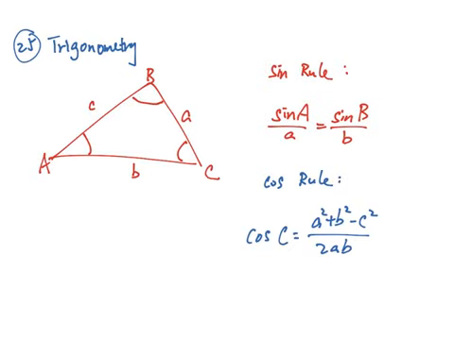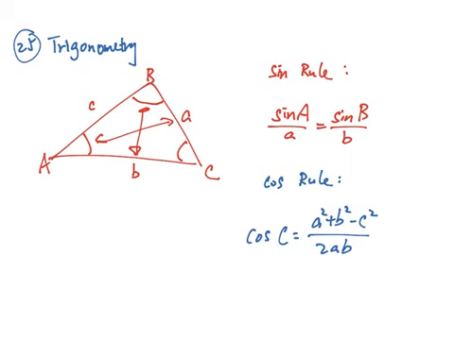Next is about the sine rule and cosine rule. For the sine rule and cosine rule, there's no need to have a right angle triangle. Any triangle we can use the sine rule and cosine rule. The sine rule is sine A over a, the pair, equal to sine B over b. So this pair is a ratio.